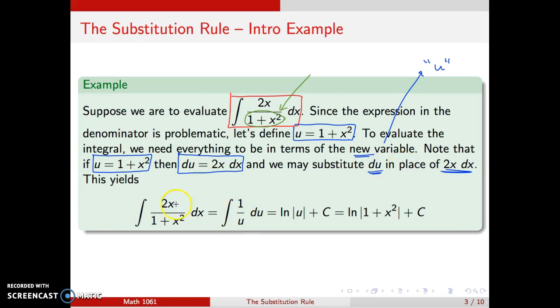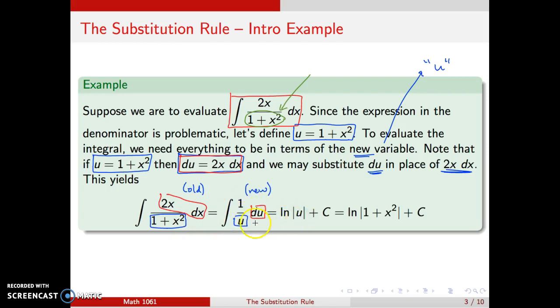Let me get that part in red, maybe. That's now going to be du, and the 1 plus x squared is just u. But the whole point is, here's the old one that we didn't know the rule for. Here's a new one. It really is the same, but it looks different with that new variable name. We've got a rule for that.